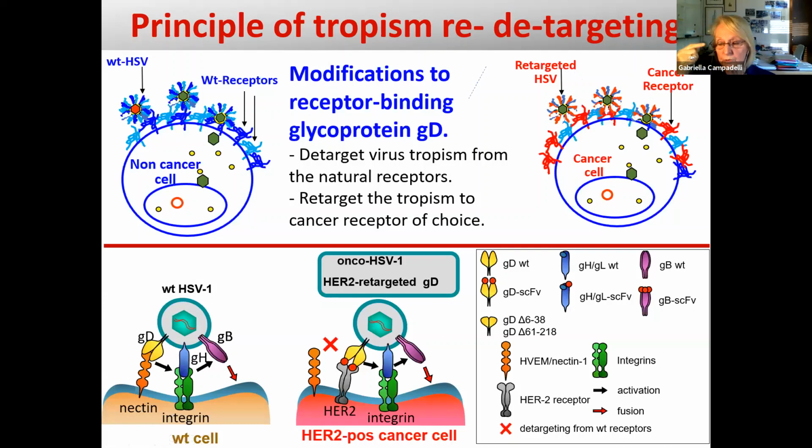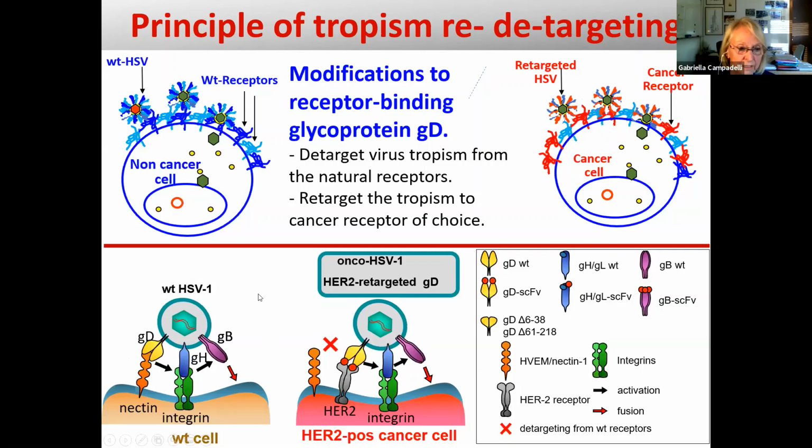And we want to transform this molecule present on the surface of the cancer cell into the portal of entry of the virus. And actually this works. So we modify the glycoprotein so that it interacts with a selected protein present on the cancer cell plasma membrane. And now this protein will become the portal of entry of the virus.